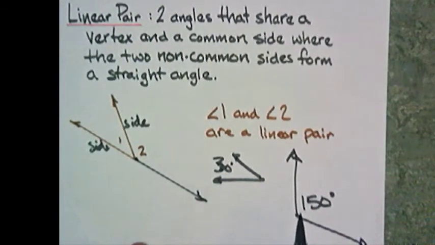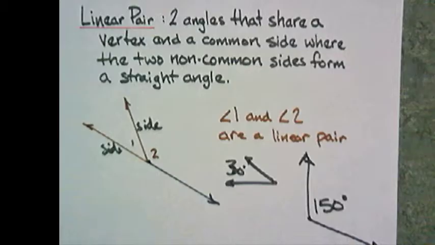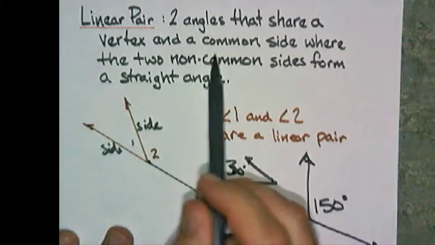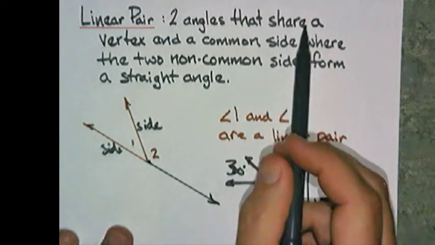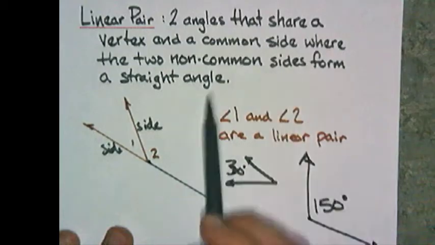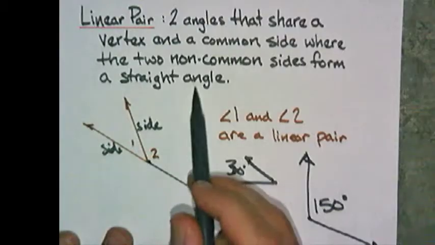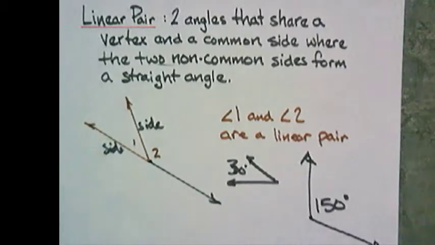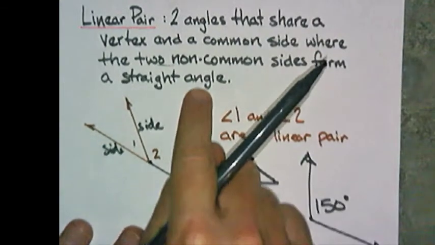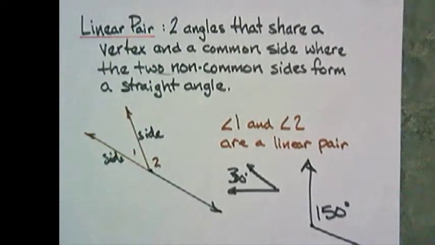Those two angles are not a linear pair because, as I have drawn them, I've told you the angle measurements, but they do not meet the criteria for being a linear pair because they have to share a vertex and a common side, and then the non-common sides form a straight angle. I've only told you measures. Notice the definition of a linear pair says nothing about the measures of the angle. They just say that the sides form a straight angle. And of course, if you look back, a straight angle tells you the measure. All right?